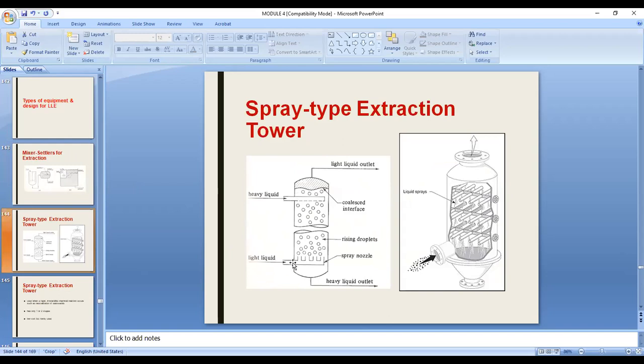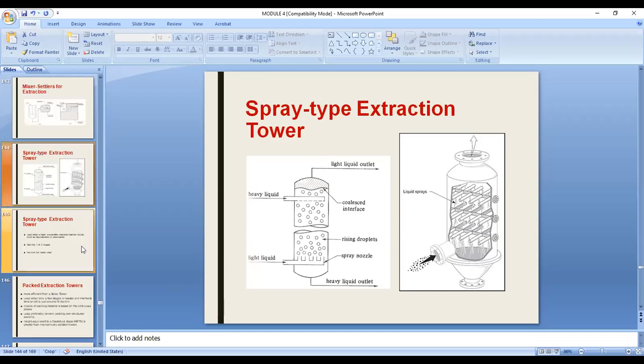The light liquid, which is your solvent, this is the dispersed phase, is introduced at the bottom. It's bubbled up against the heavy liquid that goes down. It could also be in this manner. The heavy liquid is sprayed downwards, and the solvent phase is flowing countercurrent to it going upwards. Okay? Any of those scenarios.